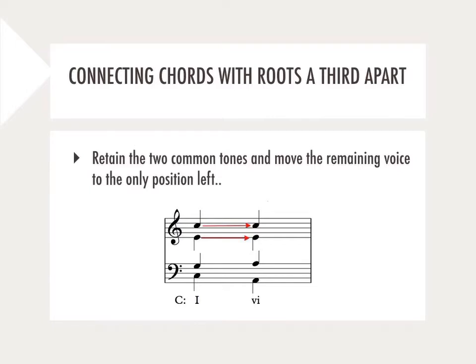When connecting chords with roots a third apart, we retain the two common tones and move the remaining voice to the only position left. First, you need to determine what the two common tones are.